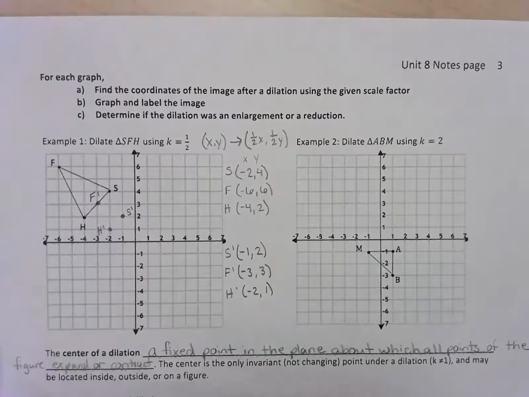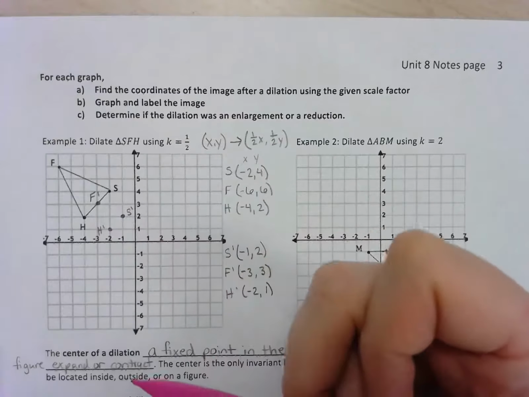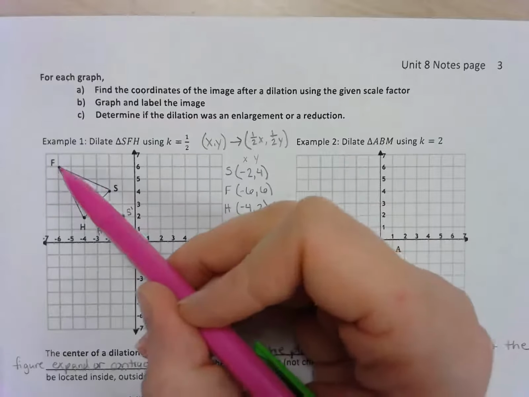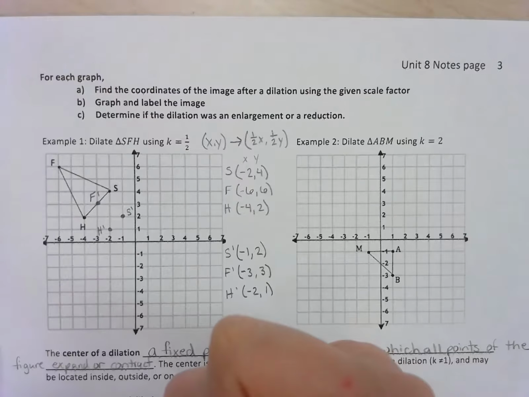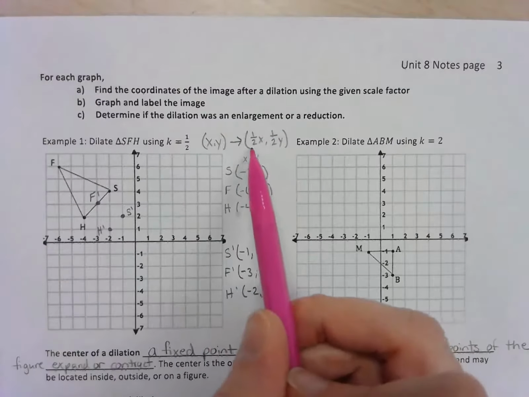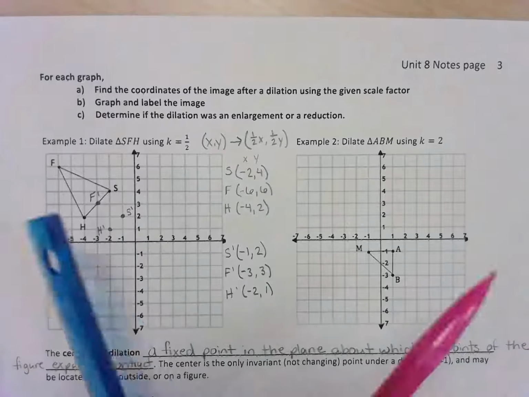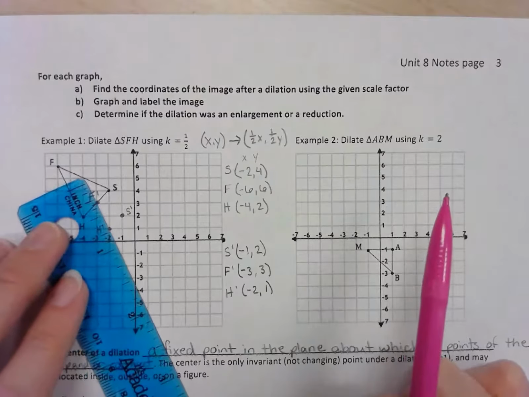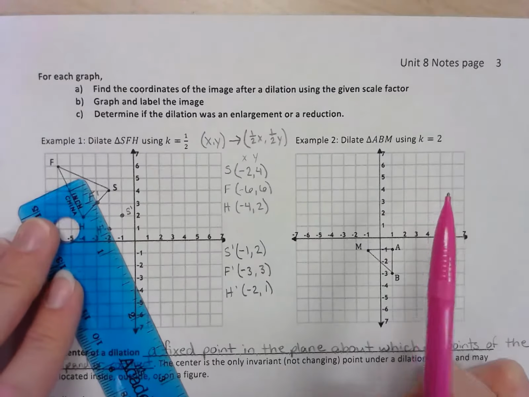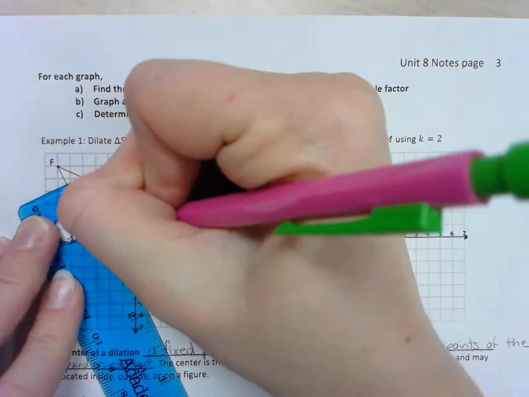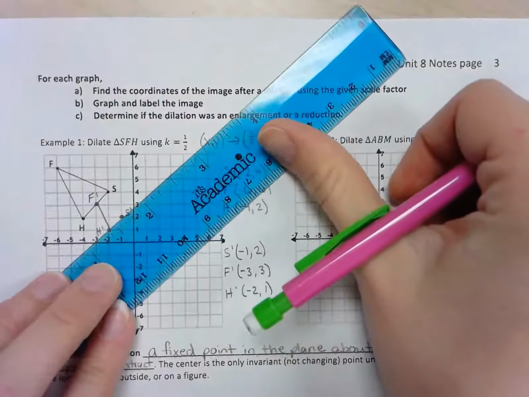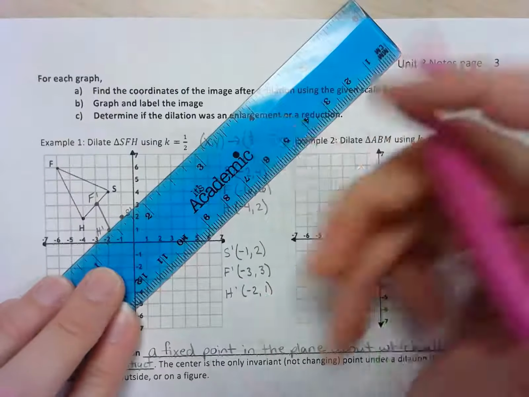We do see that it has given us 3 points that are similar to the 3 points we started with, but it's a reduction because our K value was less than 1. So it did shrink, or make smaller, our figure. Connect those points with the straight edge.